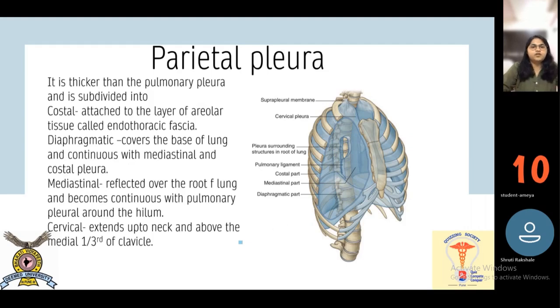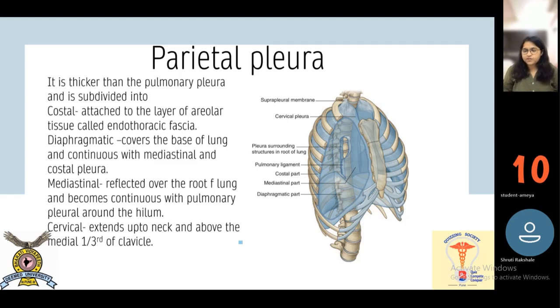The parietal pleura is thicker than the visceral pleura, which we also call the pulmonary pleura. It is divided into costal, diaphragmatic, mediastinal, and cervical. The costal lines the thoracic cavity. Diaphragmatic and the costal is also attached to a layer of areolar tissue called endothoracic fascia.